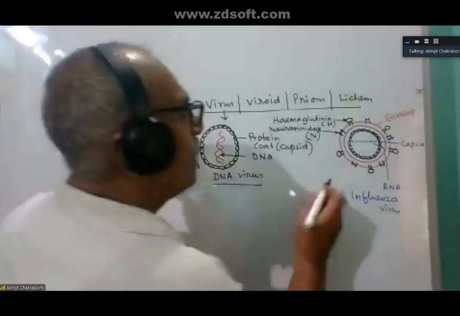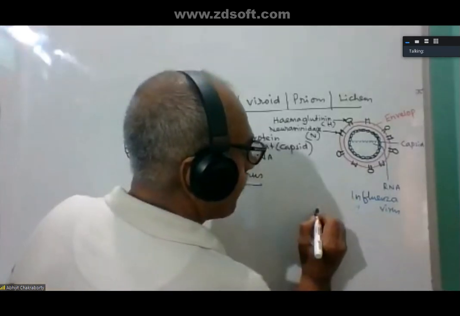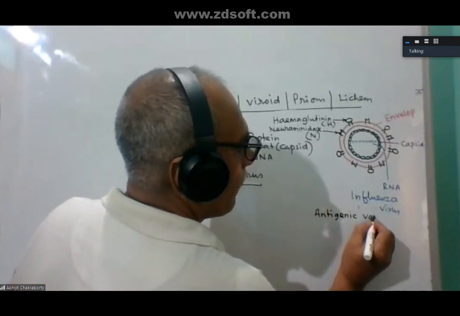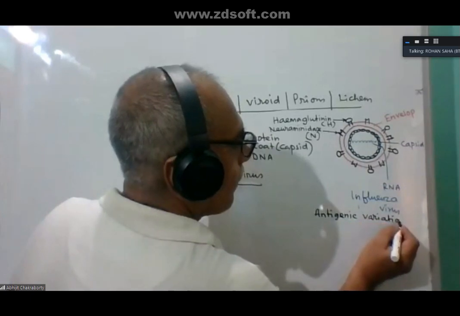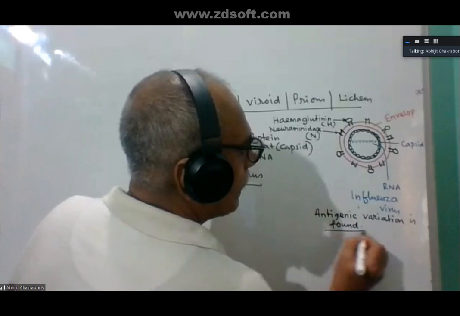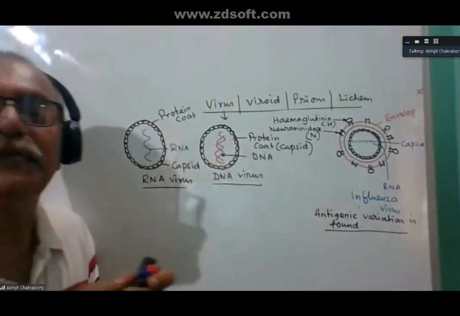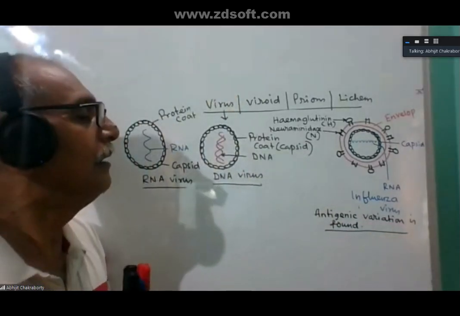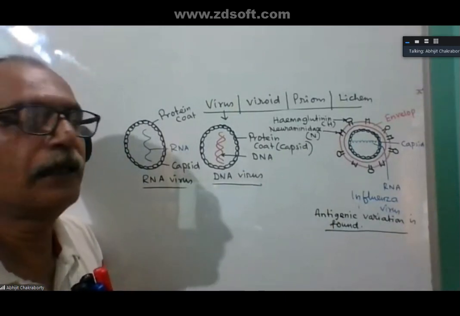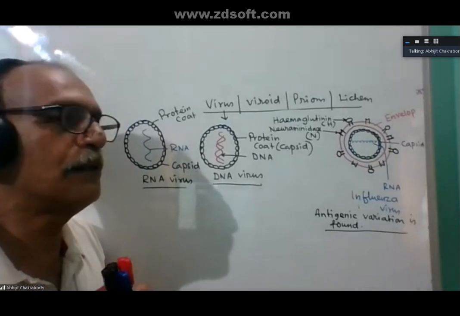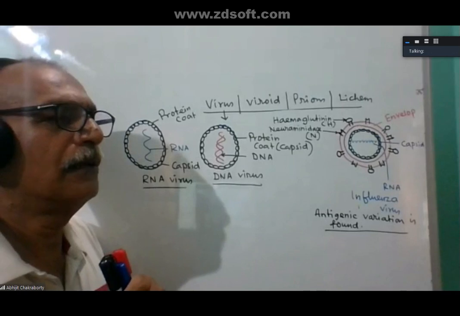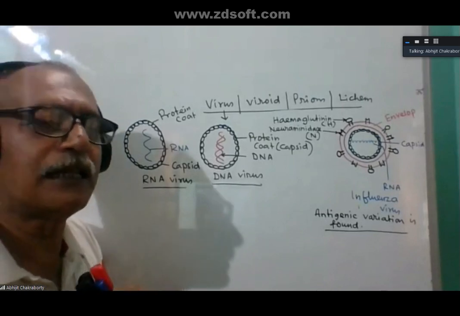antigenic variation is found. What is found? Antigenic variation is found. It means that the virus is changing its structure frequently. This is possible because it is easier for an RNA virus, since single stranded RNA is less stable.